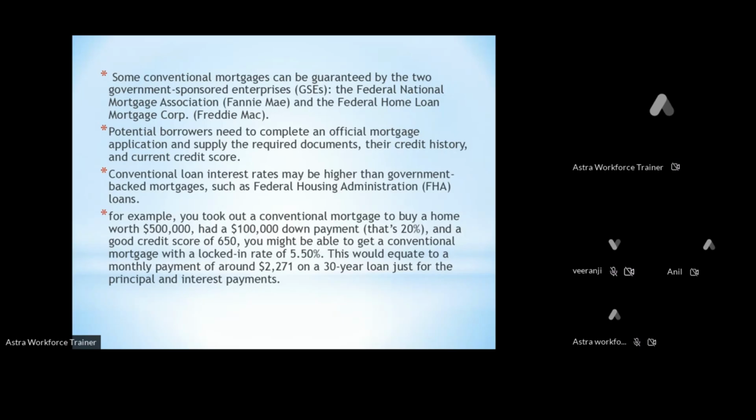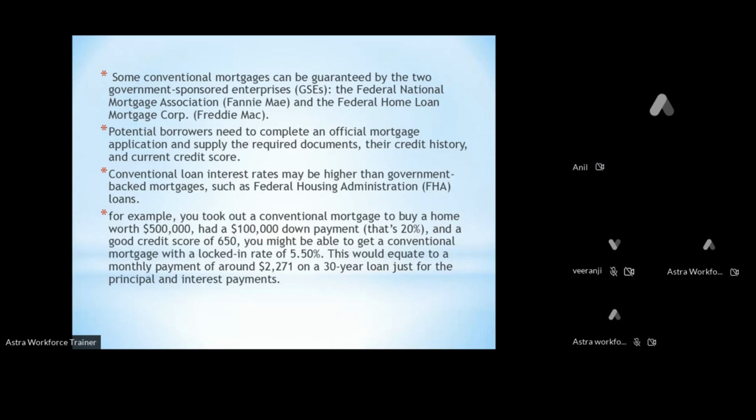Potential borrowers need to complete an official mortgage application and supply the required documents, their credit history and current credit score. Conventional loan interest rates may be higher than government-backed mortgages, such as Federal Housing Administration loans.